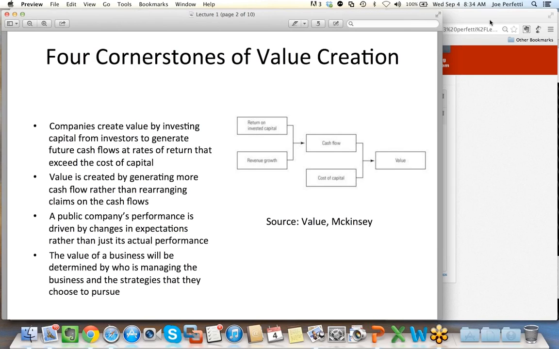Third, we're going to talk about expectations. In the short run, the values of companies are not based on their cash flows. They're actually based on the expectations of the cash flows, and specifically the changes of the expectations. It's one of the reasons why I include Stock Track in the class this semester.